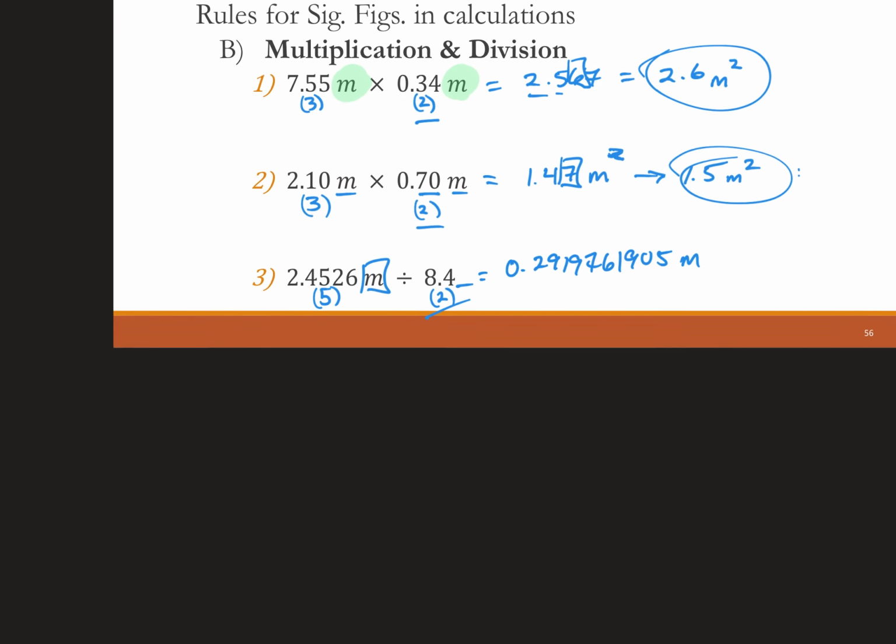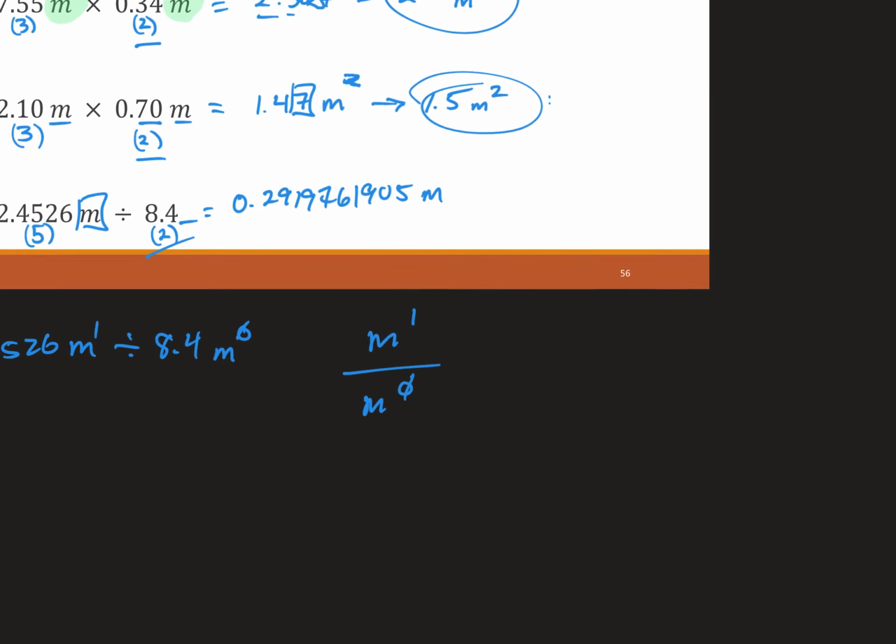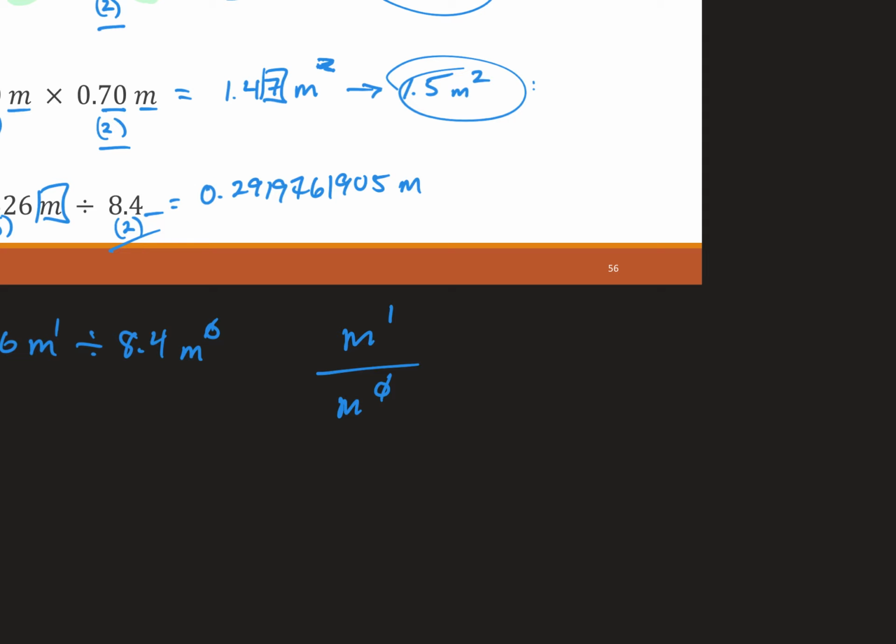You could say it's 2.4526 meters divided by 8.4 meters to the 0, and say that's meters to the first divided by meters to the 0 power. I know using letters and stuff sucks in math, but it's not following any different rules. When you have division of the same base, in this case meters, it becomes m to the power of 1 minus 0, which is m to the first, which we can say is just meters.